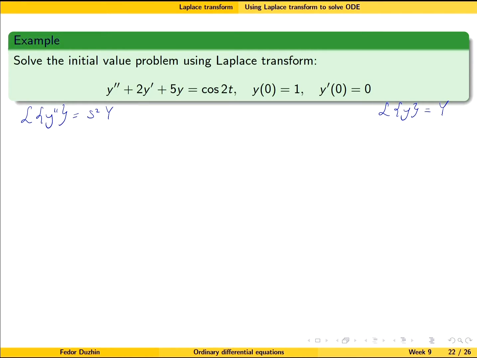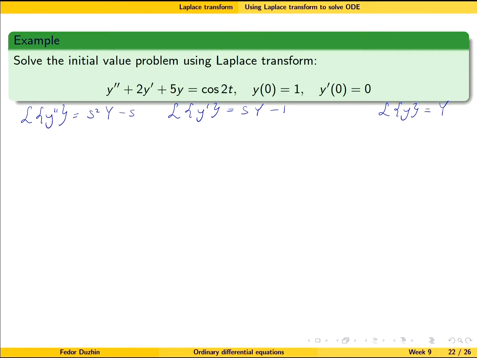So then the Laplace transform of the second derivative is going to be s squared Y minus s times y of 0, and y of 0 is 1, so minus s, and then minus y prime of 0, which is 0, so that's just it. Then the Laplace transform of the first derivative is s times the Laplace transform of the unknown function minus y of 0, so minus 1.